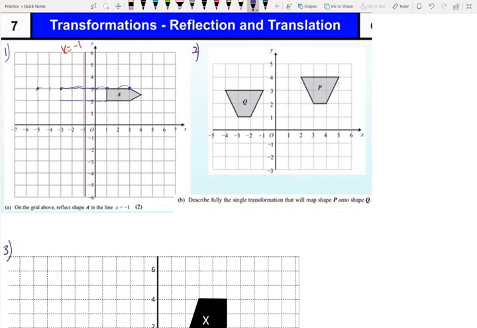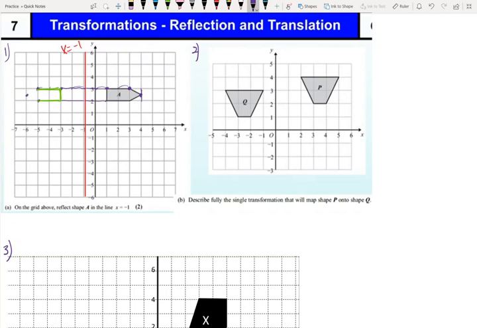Same thing for the other one, and then you join these points together to at least see the shape that you're drawing, which is coming together to resemble shape A. And then this point here, it's midway, halfway through this segment.